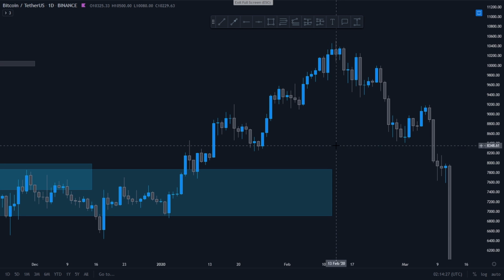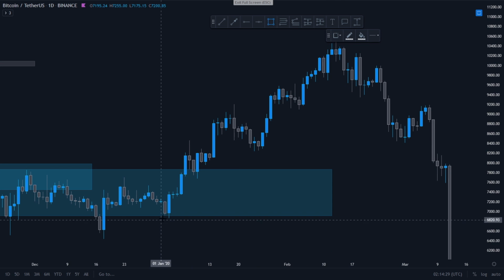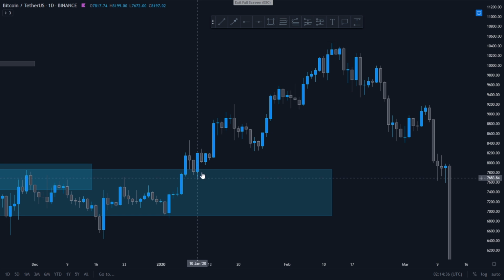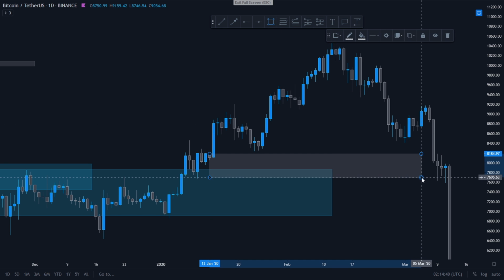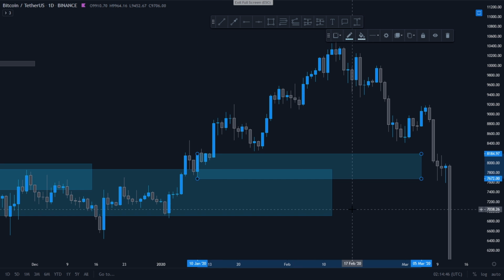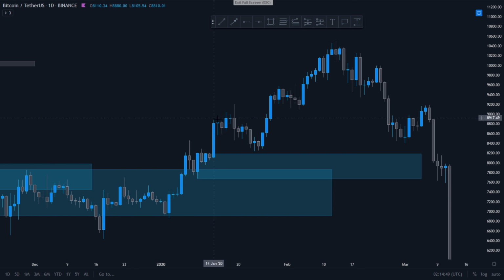What do we have here? Rally, base, rally, base, rally. So we take this last down candle as a demand zone. The swing low. Rally, base, rally.